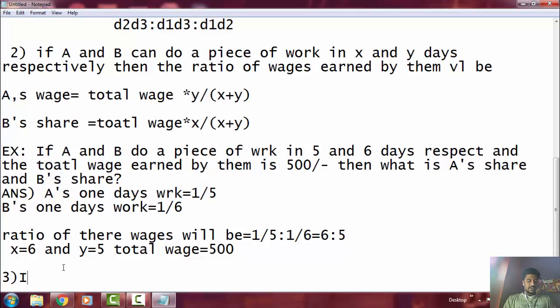Now the next concept is, we have seen the concept of two persons doing a job. Let us discuss when three persons are involved in a certain task.